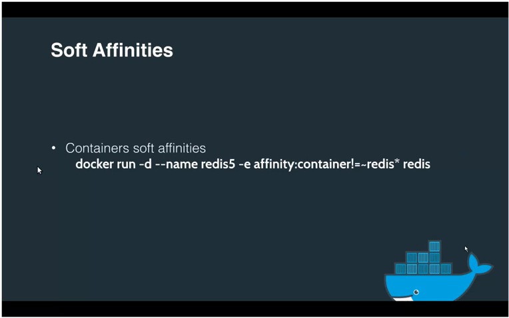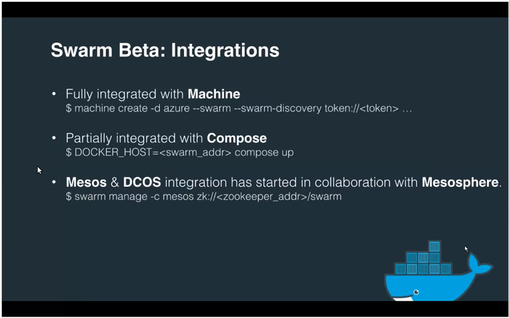Just schedule it because I want it to be scheduled anyway. So we had this little tilde in front of Redis to tell, just try to not run my container on a node that has a Redis container. But if you don't find any machine that doesn't have that image, you can just schedule it somewhere. I don't care.